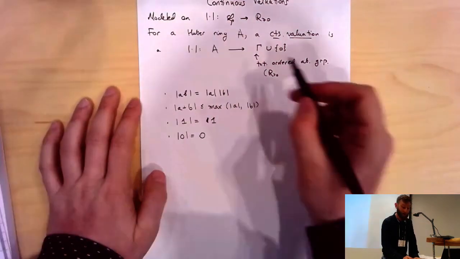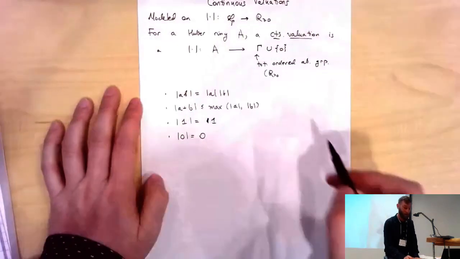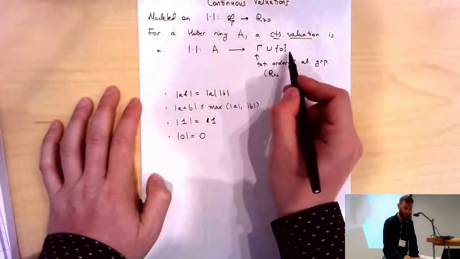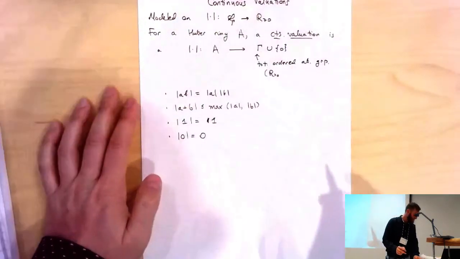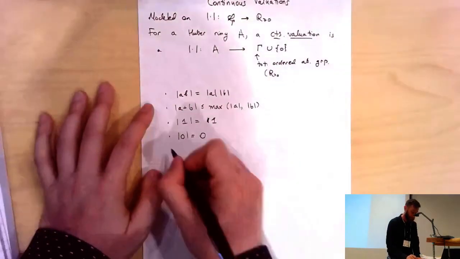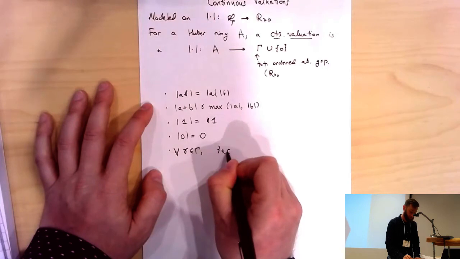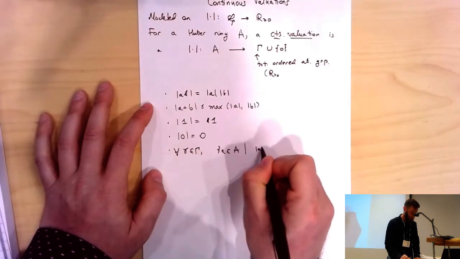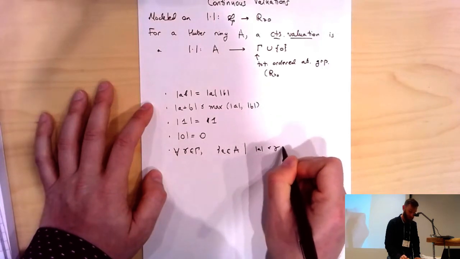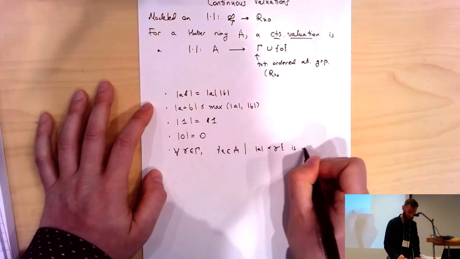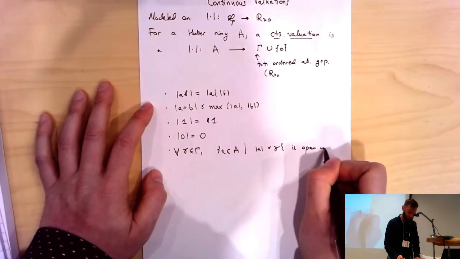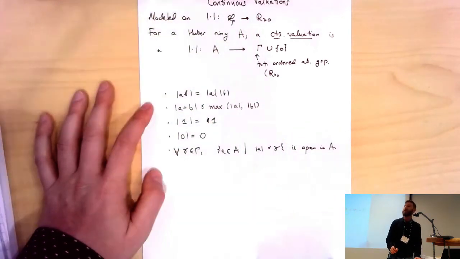Well, you can put a topology on any such group, the order topology, extend it to this, and just demand that this be continuous. That works out to be something like, for all gamma in Gamma, the subset of A whose absolute value is bounded by gamma is open in A. So this is the continuity condition.